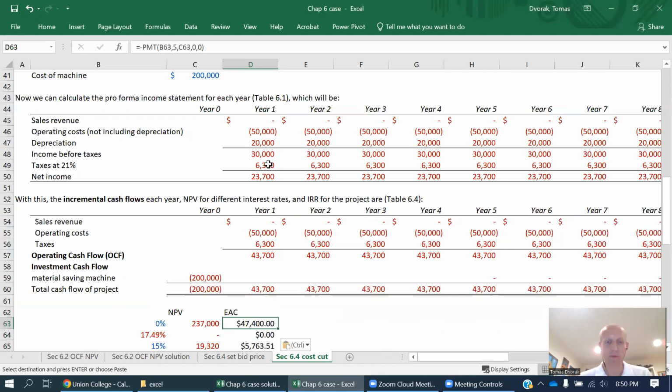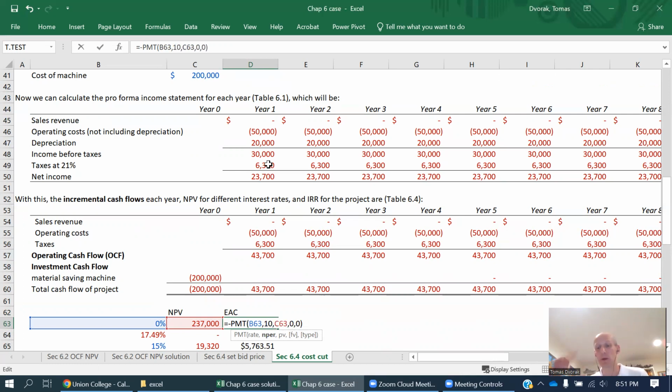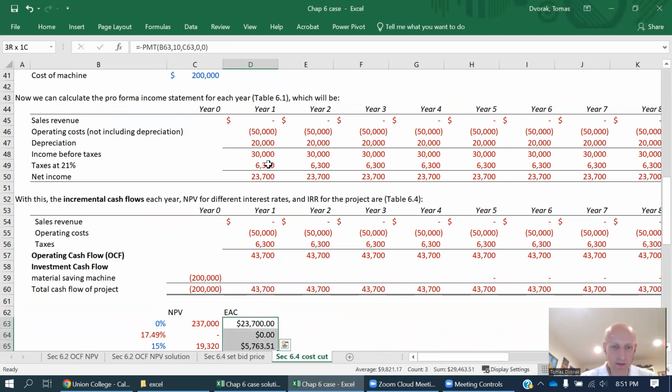We could see that for the 10-year project, well, we have to change one thing. Now this is a 10-year project, so those payments will happen over 10 years, because that machine lasts 10 years. So let's Control D that. We get that with 0% discount rate, the equivalent annual benefit is the same if I do one-time 5-year machine or one-time 10-year machine.